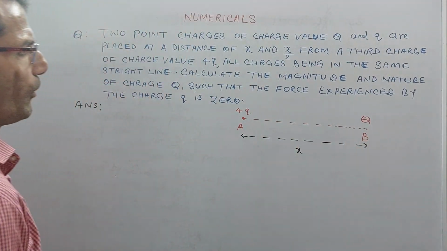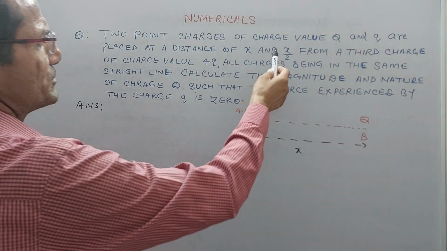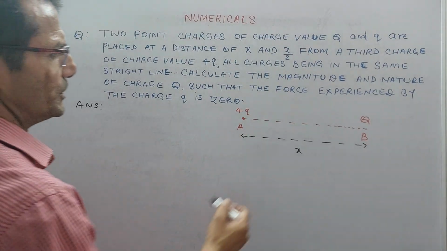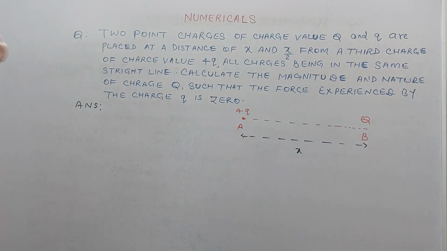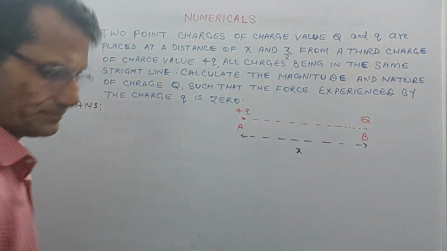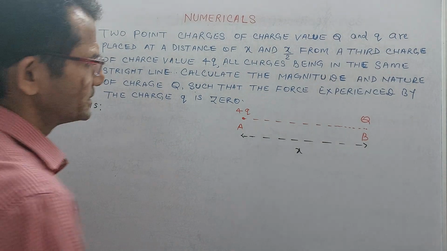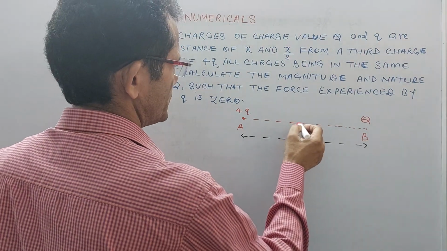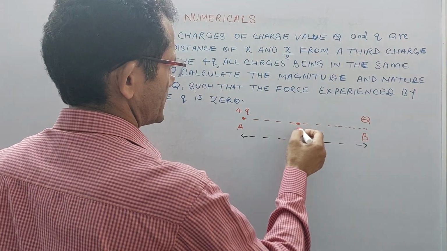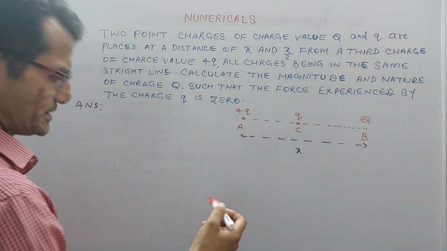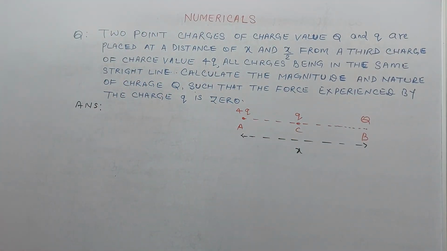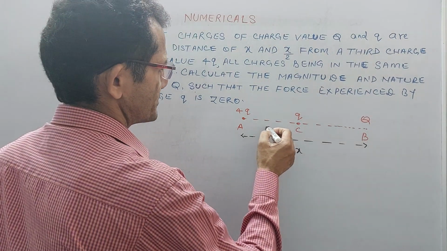Another charge is q, which is x by 2 distance from the third charge. So we have to place another charge here, at this point C, at a distance of x by 2.